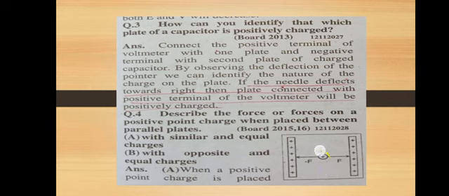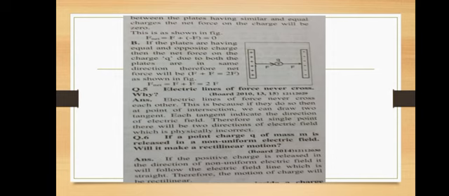While in question number 4, describe the force or forces on a positive point charge when placed between two parallel plates. There are two cases. A, with similar and equal charges, just like here. When a positive point charge Q is placed between plates having similar and equal charges, the net force on the charge will be 0, because both forces are equal but have opposite direction.